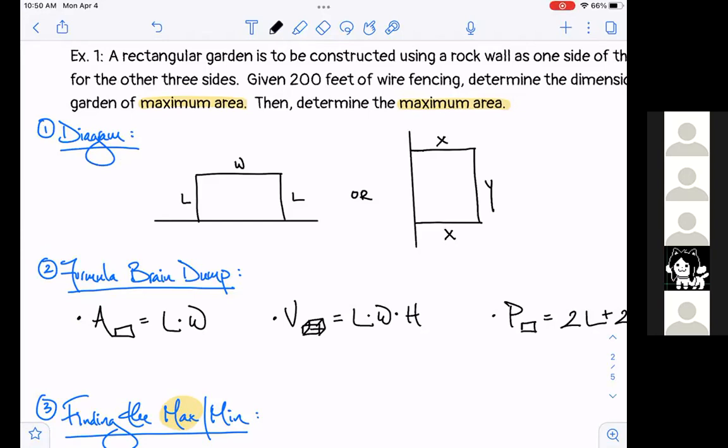All right. So we've got a diagram, we've got formulas to look at, and we already know that we're looking for the maximum. All right, so all of this is great. Now let's take a look at setting up our process for finding this maximum. Okay.